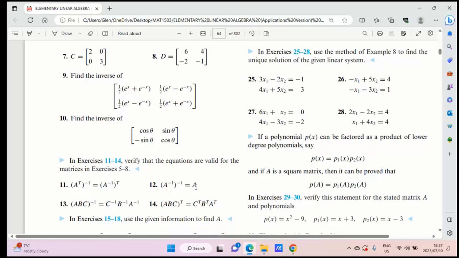It is indeed true that the inverse of an inverse is the original matrix. And the final answer is a 2 by 2 matrix, and it is as follows. The first row is 2, -3, and the second row is 4 and 4, which is the equivalent of A.